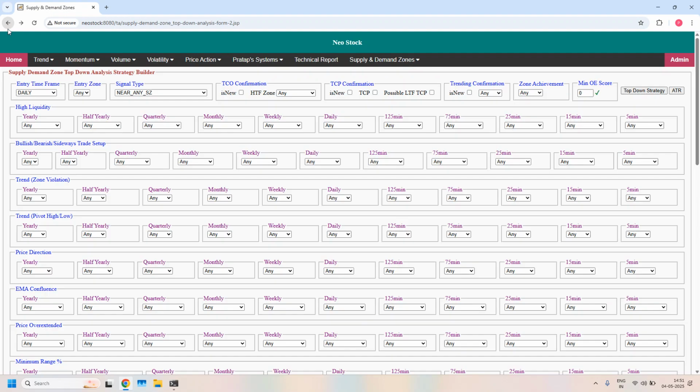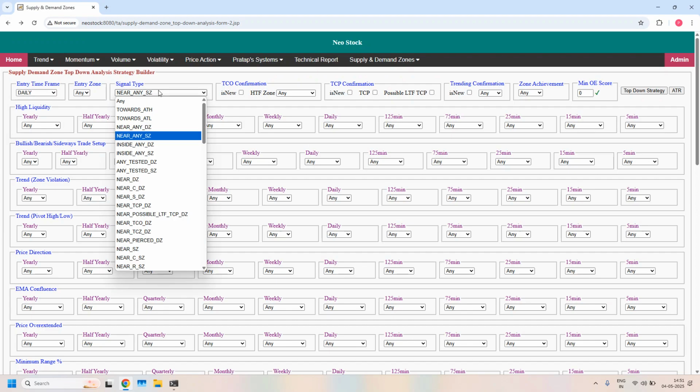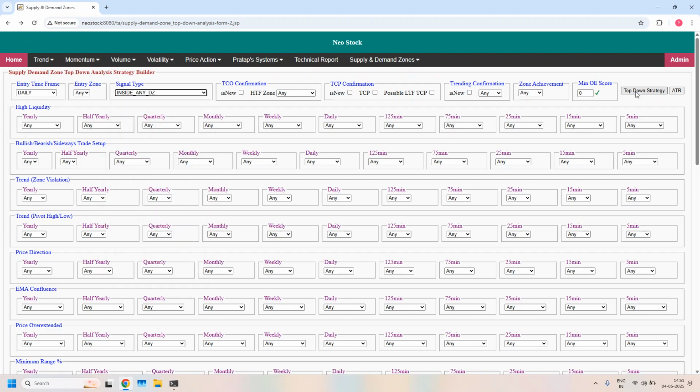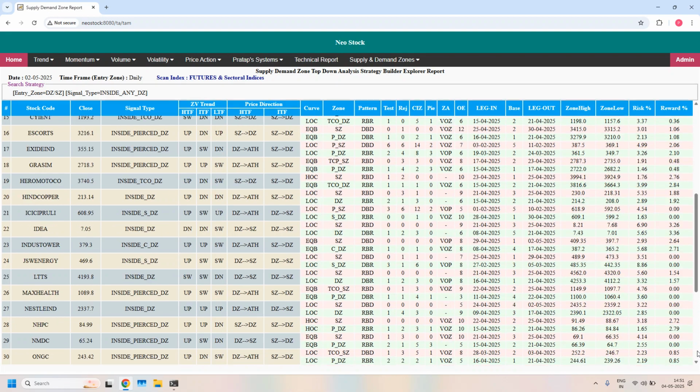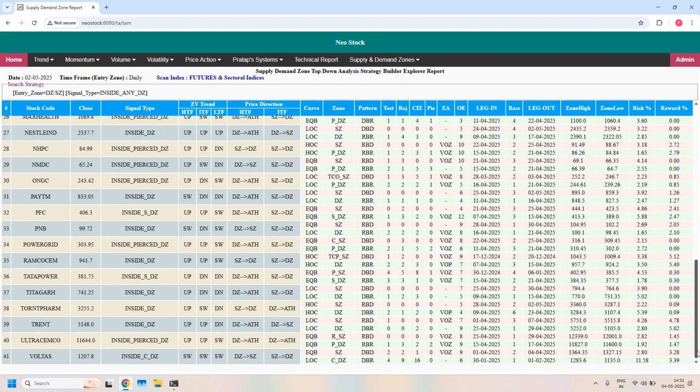Okay, next. For daily time frame, price closed inside the daily demand zone. First 15 stocks in the list. Scrolling the list down. So total 41 stocks are filtered.